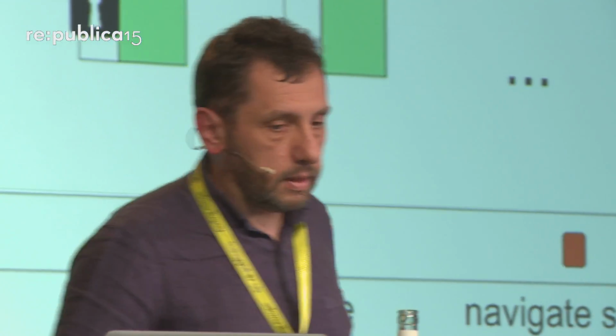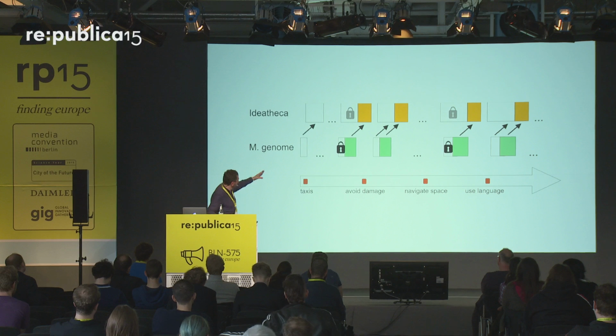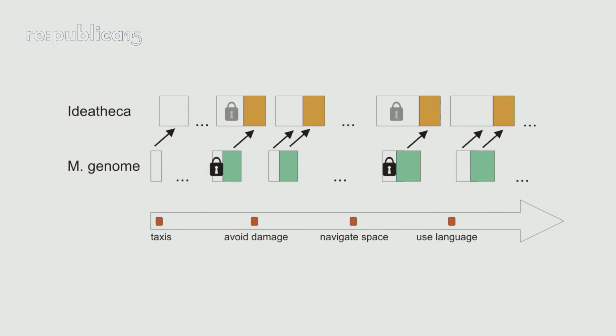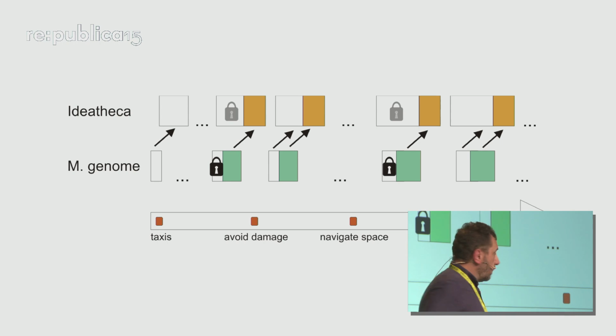We can go from that point and continue, test, develop, get feedback, and then develop the next. So that's what you see here. You see the first steps on the left. Then the next thing you see is adding more machine genome such that we lock the old genome. We keep it, but we lock it. We don't change it at first, and then we test it against the environment.